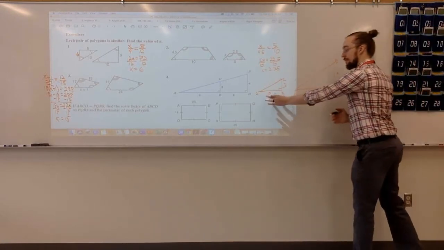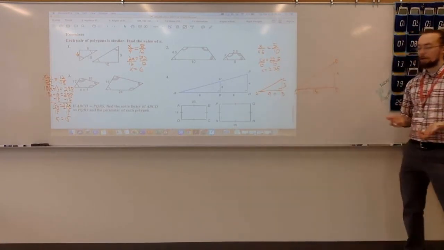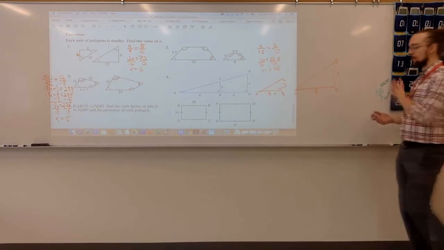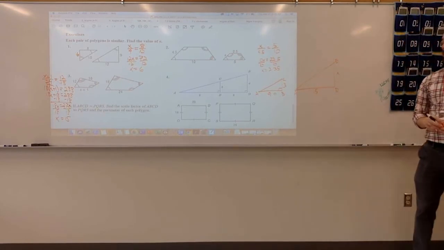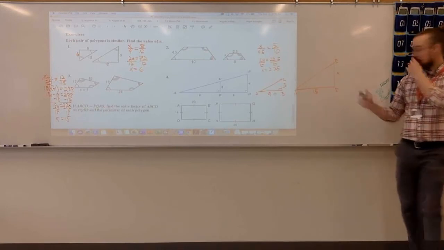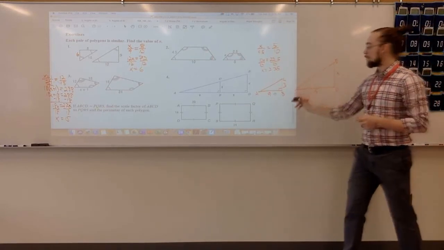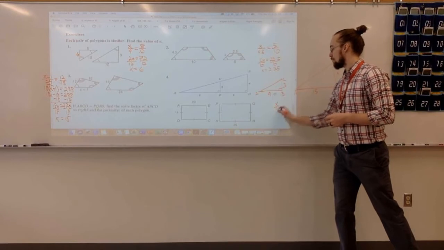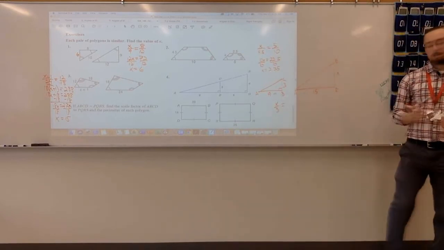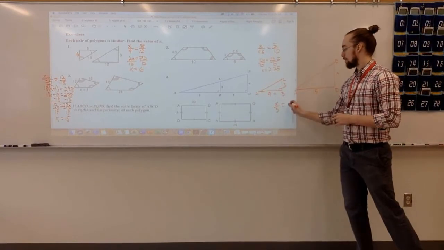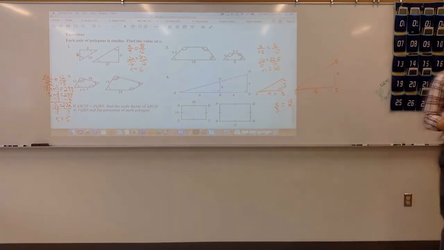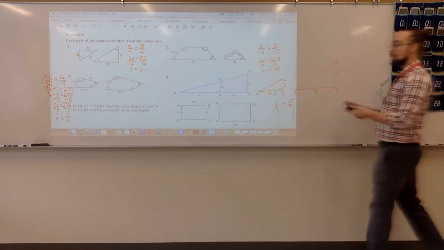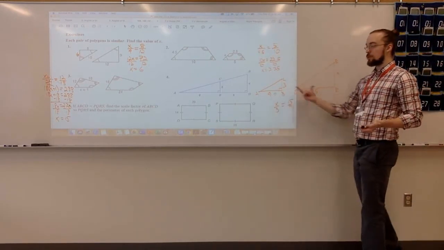So now that we can see our 2 separate triangles, setting up a proportion is going to be a lot simpler. So how would I set up my proportion now? X, yeah, X would correspond with the 3, so we can say X over 3 equals 15. Okay, so the only tricky part on this one was seeing the 2 separate triangles, okay?